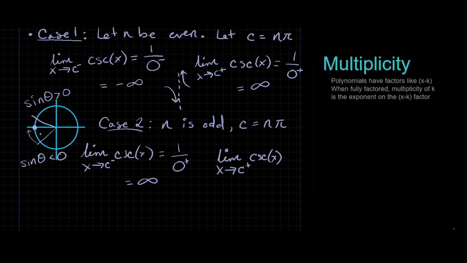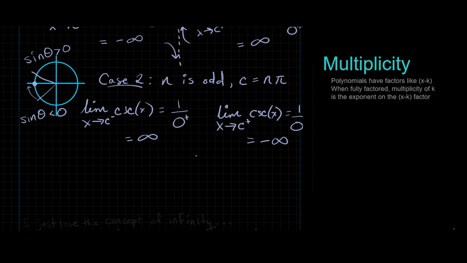Okay, so as x goes to this point from the right, sine is negative. Sine is going to 0 from the left. Okay, this is 1 over 0 minus, because 1 over cosecant is negative there. So that goes to negative infinity.